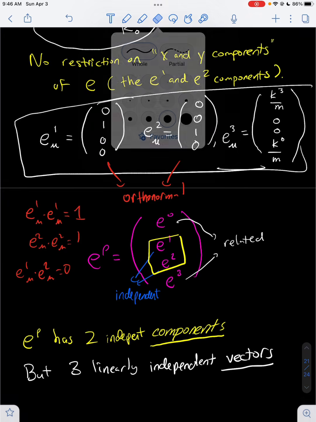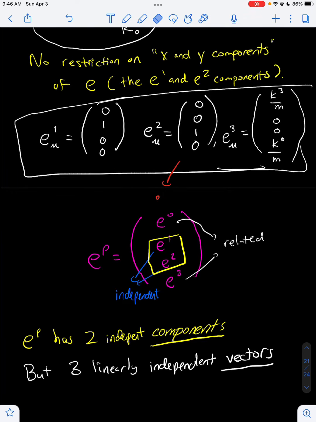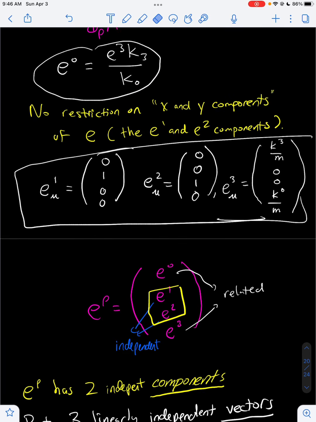So they are very convenient to work with since they are orthonormal. And if you want to visualize these vectors, this is a unit vector pointing in the x direction. So that's why it's usually called the x polarization vector. And this one's pointing in the y direction, so it's called the y polarization vector.